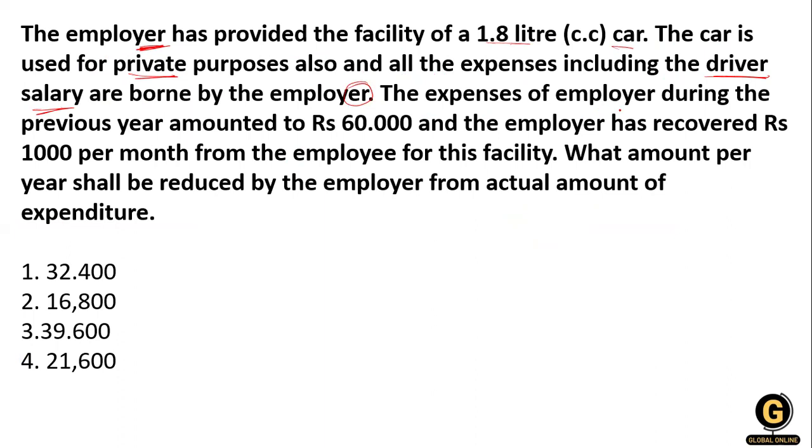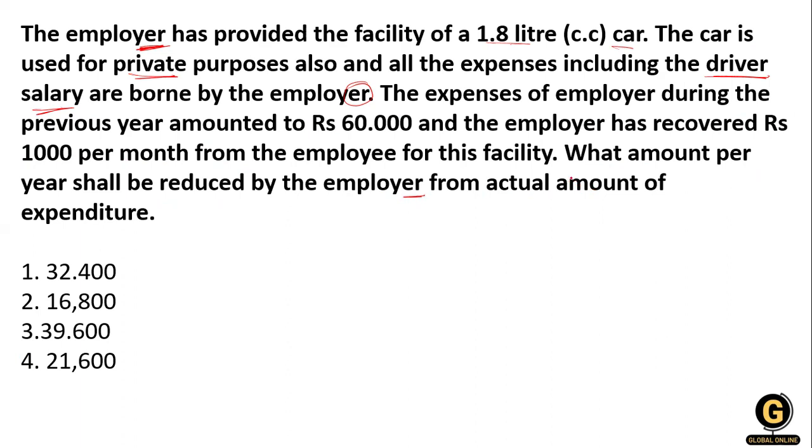The expenses of the employer during the previous year amount to 60,000. The employer has recovered 1,000 per month from the employee for this facility. So what amount per year should be reduced by the employer from the actual amount of expenditure?